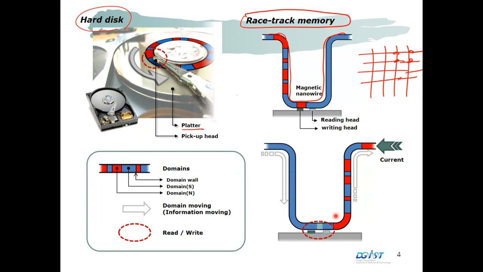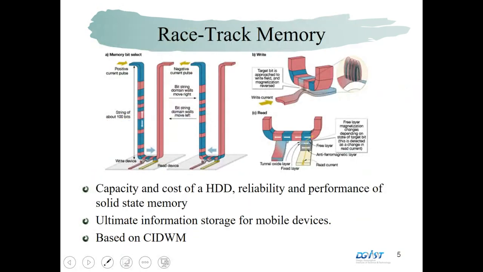memory. So in this concept, there is a lot of research. This is the basic principle. If we have a nanowire here and stored information, then we have a read-write head. Then by the spin transfer torque, we can move the stored information here.